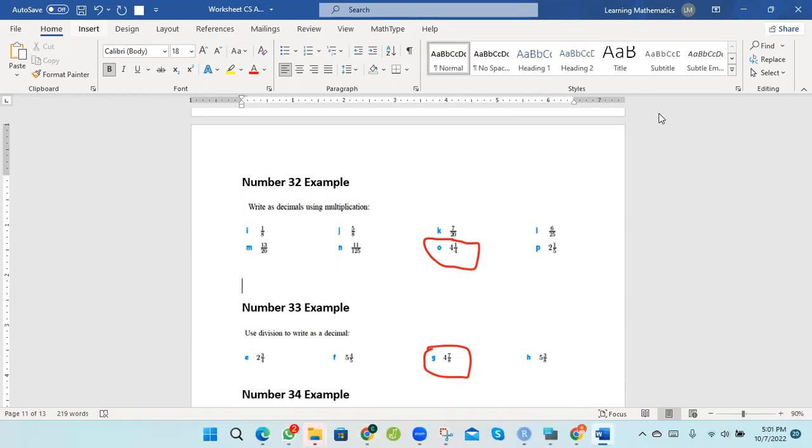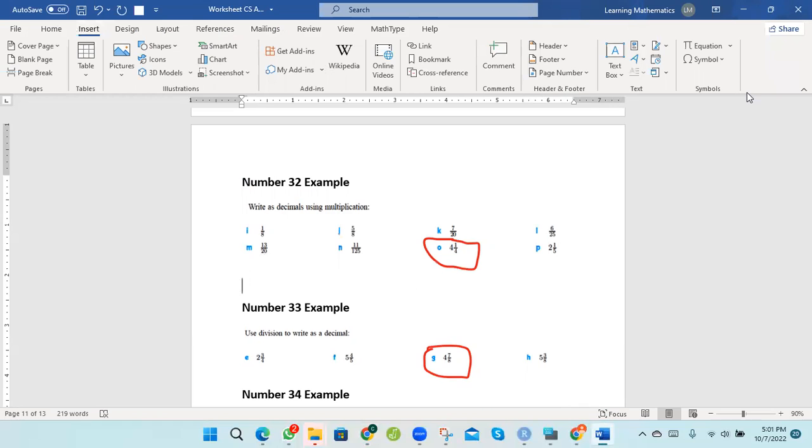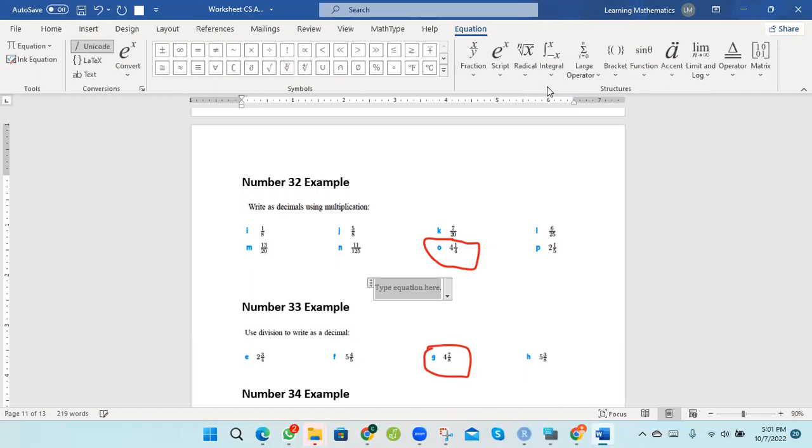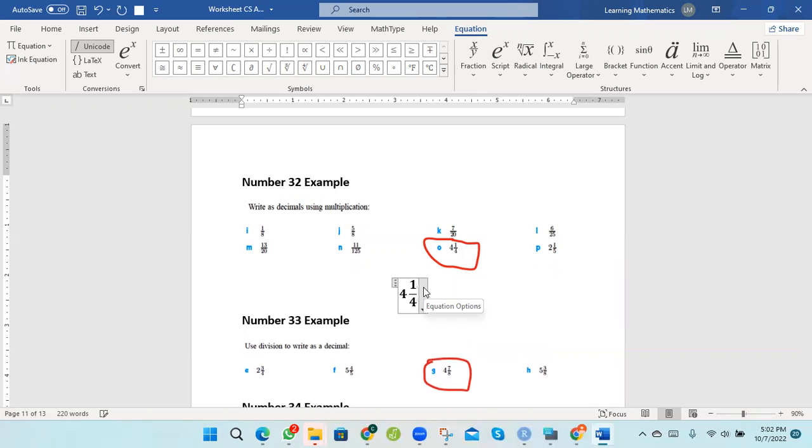4 1/4 is a mixed number. To convert a mixed number to an improper fraction, you have to get the numerator by multiplying the whole number to the denominator and add 1.